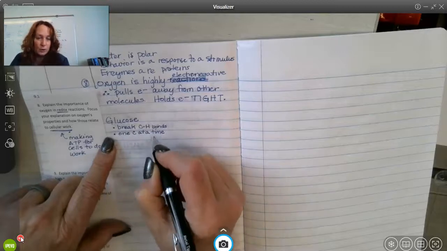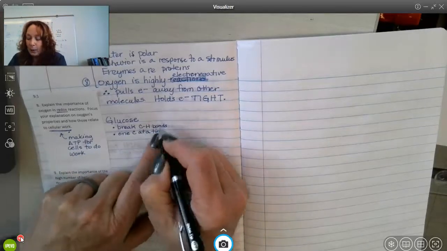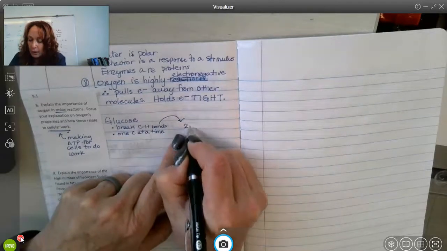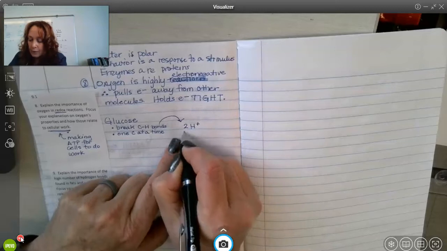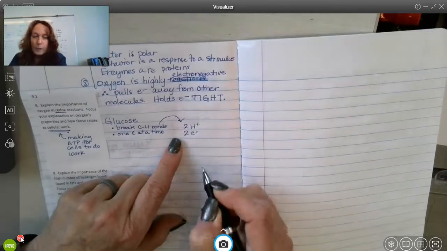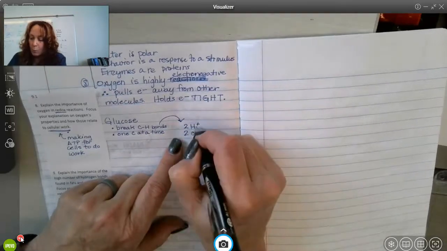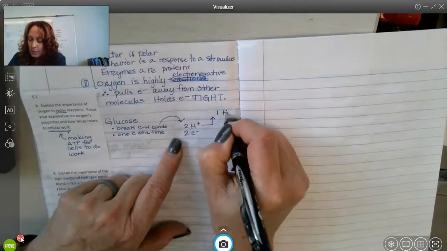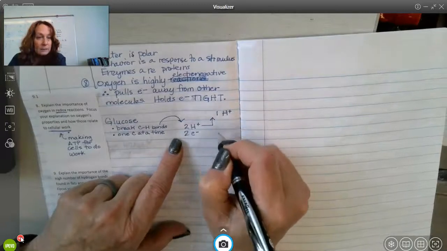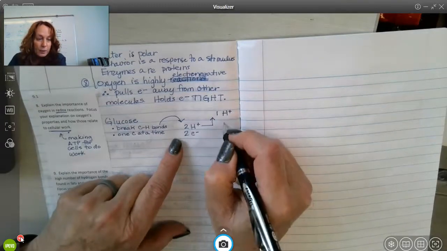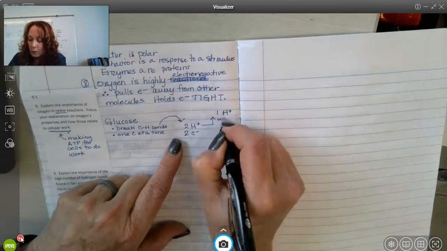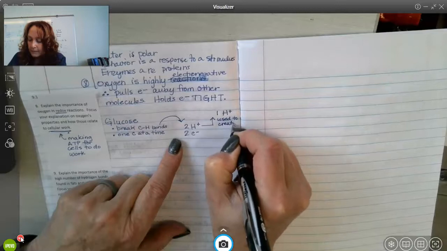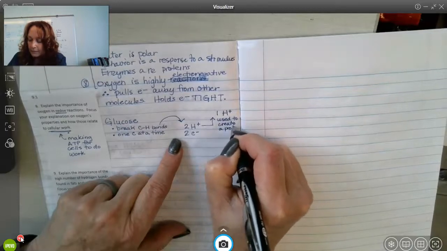It's sequential. Every time we break a bond, you generate 2 hydrogens, 2 electrons per bond. One of the hydrogens becomes part of the gang that is used to create a proton gradient.